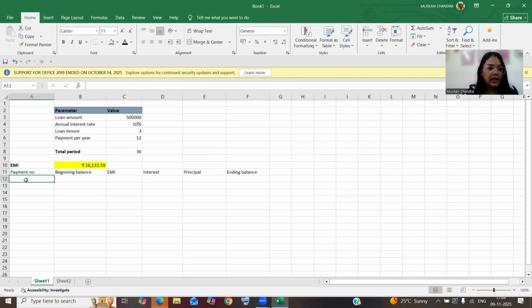Next, we will prepare the amortization table to show how each EMI is split between interest and principal and how the outstanding balance decreases every month.